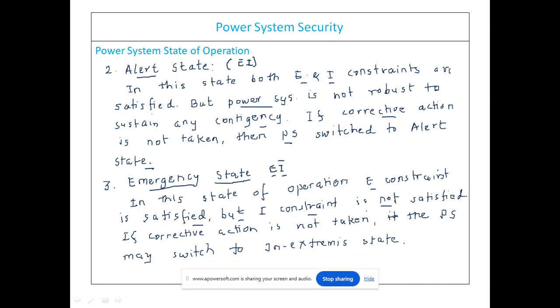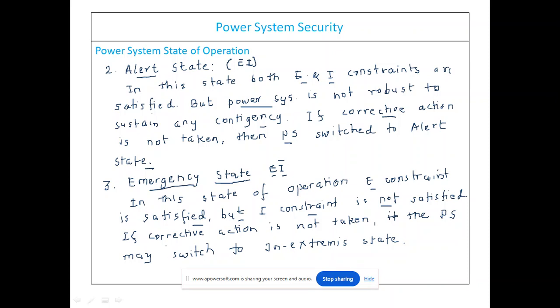Means the load and generation are balanced, but the operating parameters, the voltage or current, are violated. Some of the voltages may be more than the maximum value, or some line flows are exceeded beyond their limits, the stability limit or power limit like that.